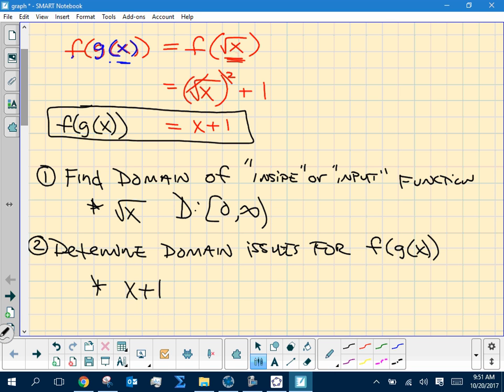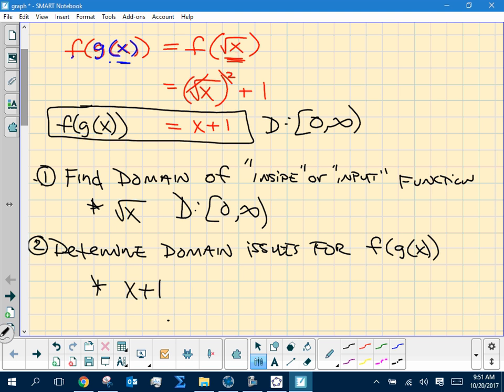That's polynomial, correct? A very simple, basic polynomial. But are there any domain issues there? No. So what that tells us is you start with this domain, and because there are no issues, you leave it as that domain. So the domain of f of g of x is x values from 0 to infinity after we conduct these two steps.